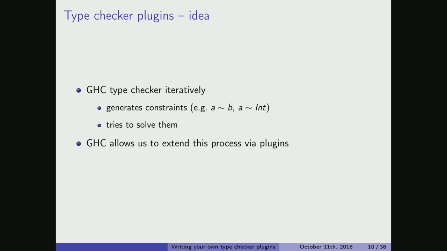So if we look at GHC's type checker, at the basis of it, there's something that walks through your code. It collects a whole bunch of constraints, some that you give yourself, like I want this type variable A to be of class Eq, stuff like that. So it goes through your program, generates a whole bunch of constraints. It tries to solve them.